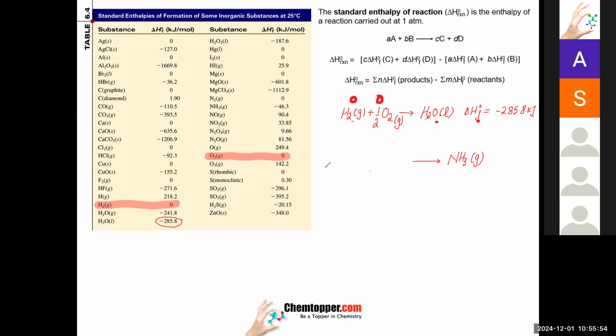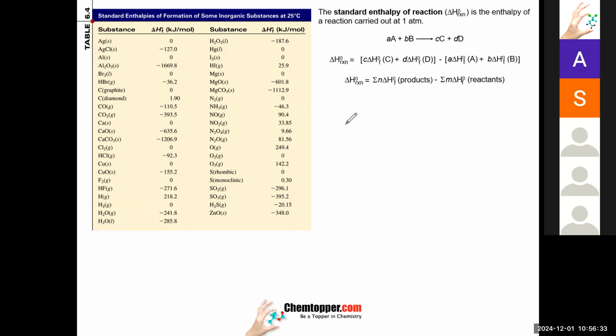For 1 mole, Sarthak, N2 gas and 3/2 H2 gas is giving you 1 mole of ammonia, right? By definition, for 1 mole. And look at the value of ammonia given here. Okay, so that's the meaning of the formation and how to write the reaction, which we should keep practicing.